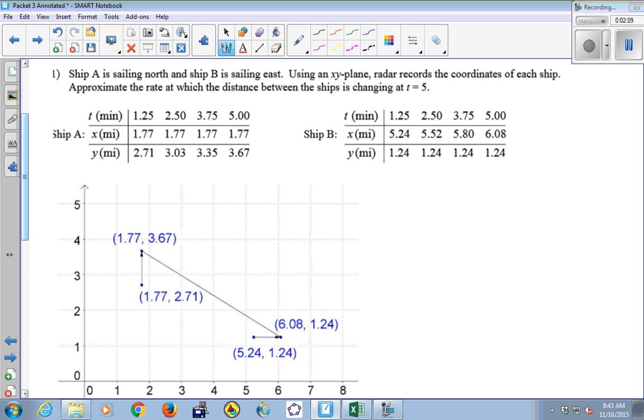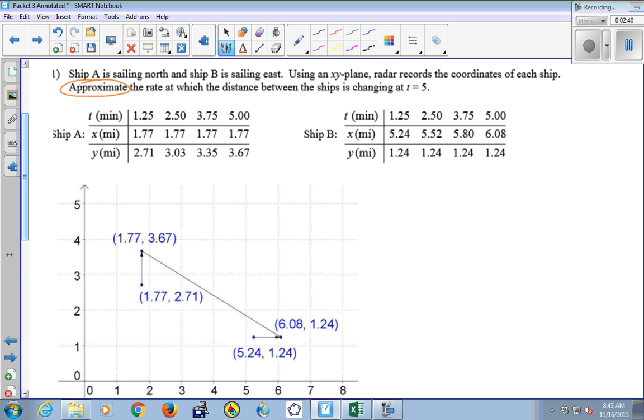The question is: approximate the rate at which the distance between the ships is changing at t equals 5. The key word here is approximate, because usually what you know is just stated right in the problem. Like you know that dx/dt is some value. But they didn't give us anything except some table of values.